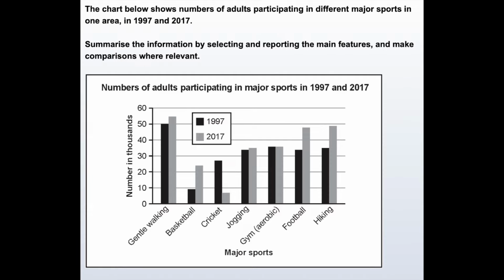For example, in this case as well, it can be clearly seen that in the year 1997, gentle walking is the most popular sport, whereas basketball is the least popular sport. So in this case, because gentle walking is the most popular and basketball is the least popular, you can use these points as the main features.